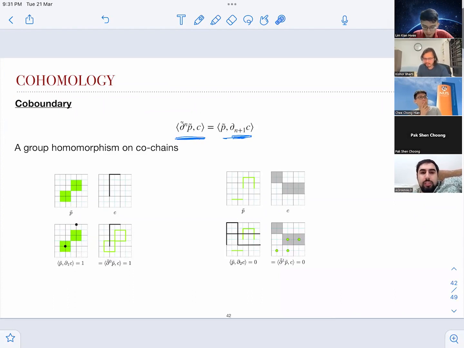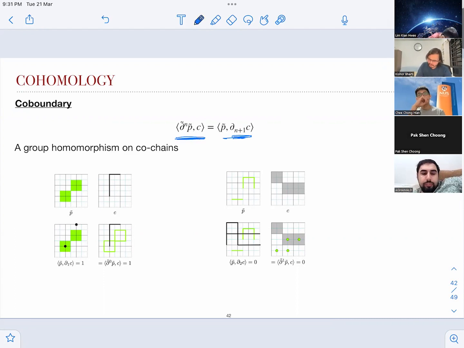Once we have defined the boundary map, we can use this relation to define the coboundary map. The boundary map acts on chains, and the coboundary map acts on cochains. It's similar to the dagger operator.